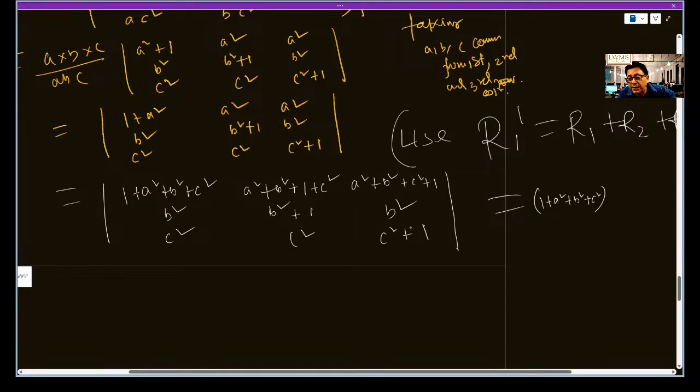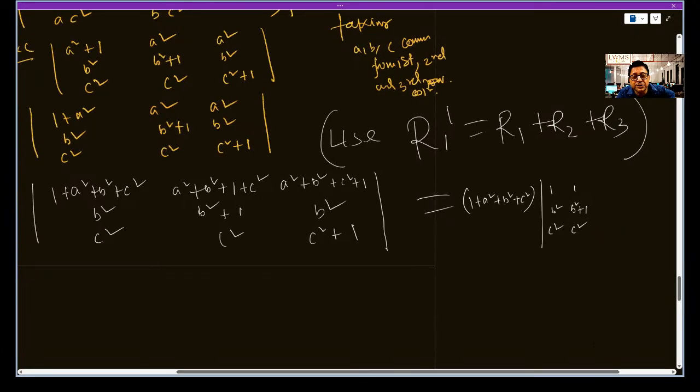Isn't it? Now I am not going to do this, 1, B square plus 1, C square plus 1. We have already used this in solving sums, isn't it? Now subtract this from this and this. Okay? Just subtract first column from second and third.